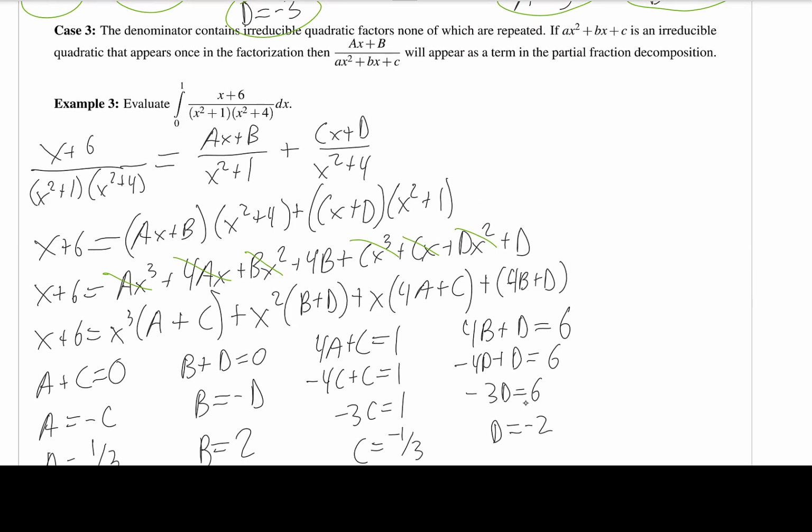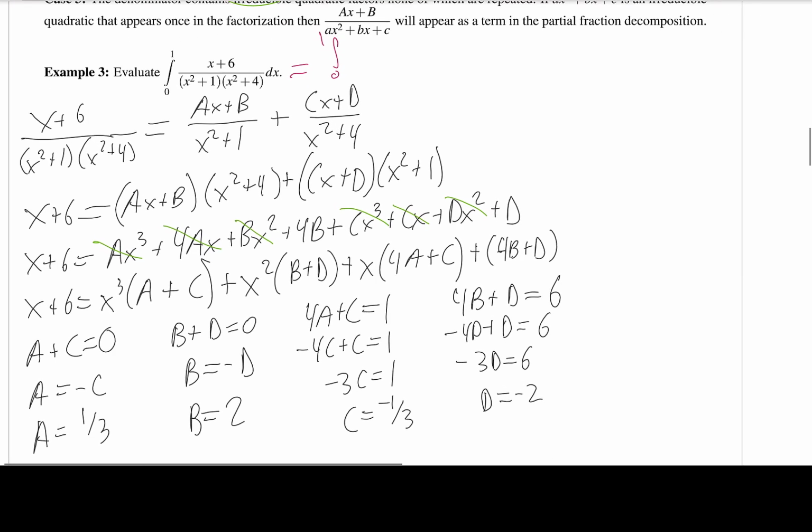Which means we can rewrite our integral as the integral from 0 to 1 of ax plus b, so that's going to be 1/3 x plus 2 over x squared plus 1, plus we should also have cx plus d, so that'll be negative 1/3 x minus 2 over x squared plus 4.